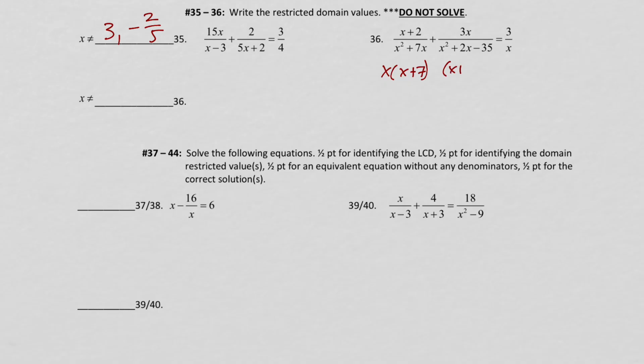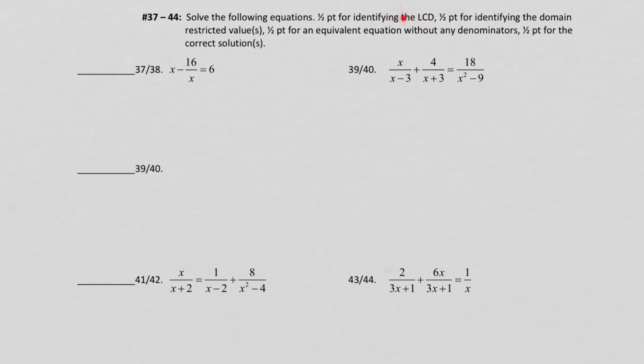This is an x plus 7, x minus 5. So x cannot be equal to 0 from this, negative 7 from this, and a positive 5 from this. There's a 0 here, but we already have that. There's a negative 7 here, but we already had that.